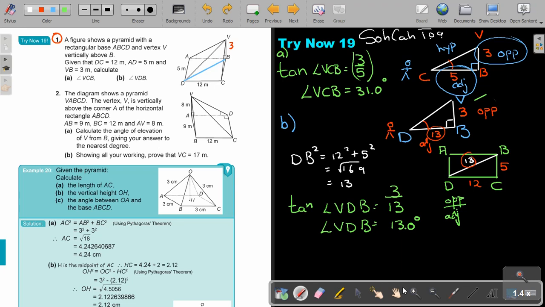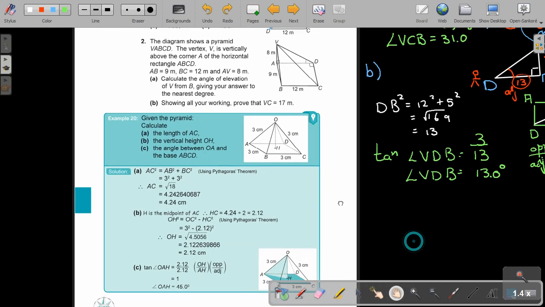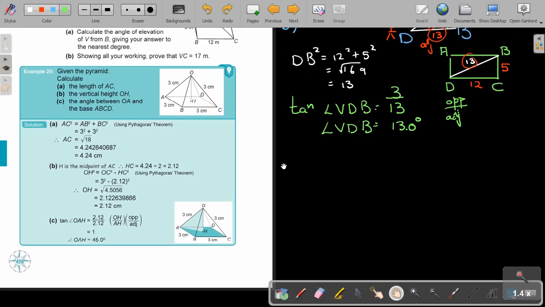Let's look at the last example. Okay, now this is a pyramid. So given the pyramid, calculate the length of AC. Now let's just see AC. Now again, this was a square. So it's almost, and I just want to show you here again.